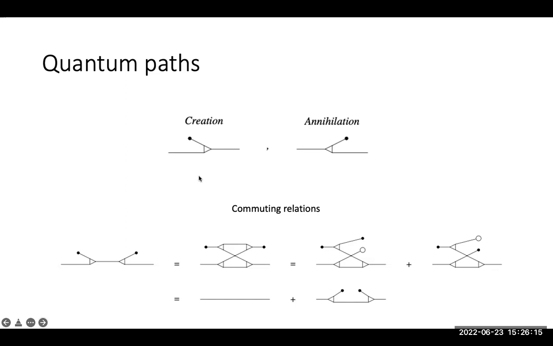One is the commutation relations of creation and annihilation operators. If you create a photon and then you destroy a photon in the same mode, that is equivalent to, if you use the bialgebra law here, this diagram. And then if you use the branching law, you get these two terms.